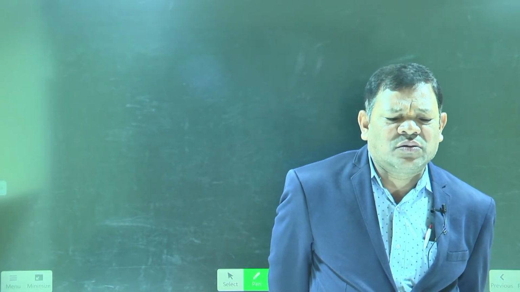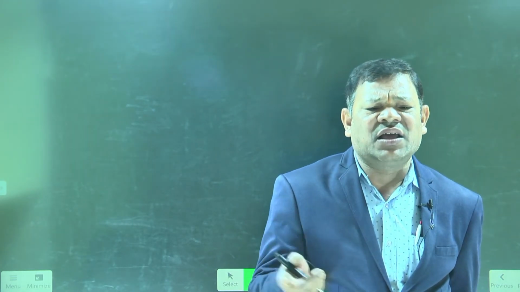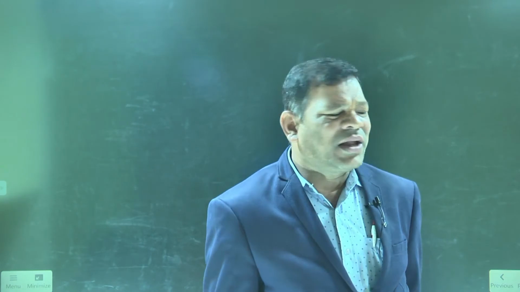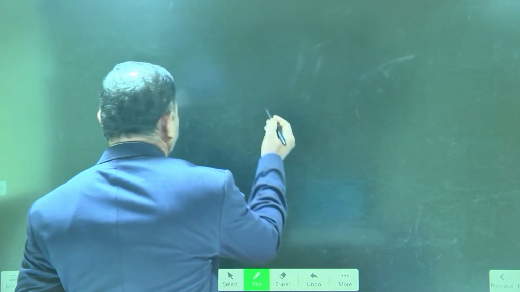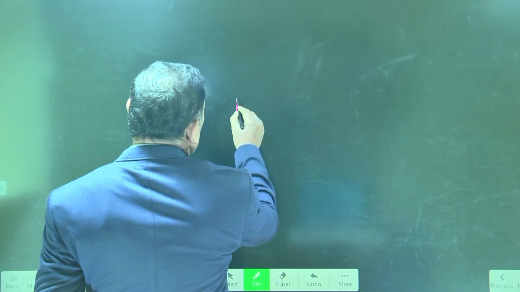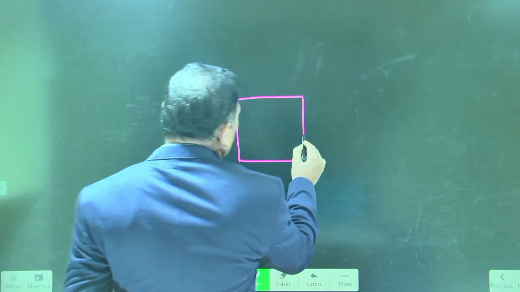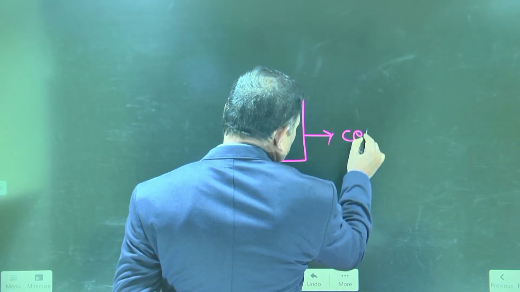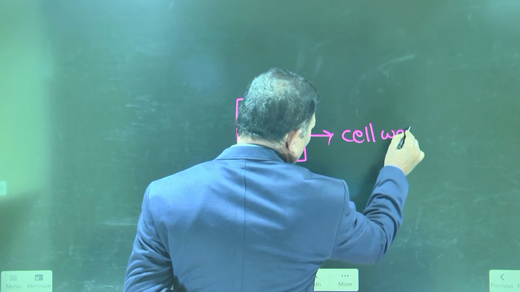Now this is general information. What my point is, in the plant cell, the outermost layer is called the cell wall.